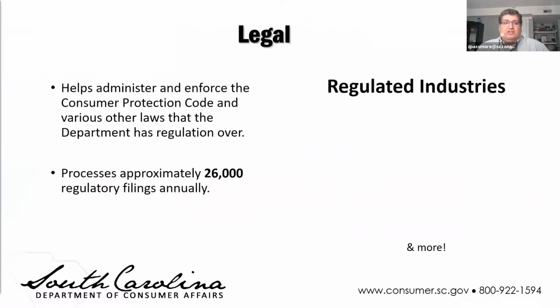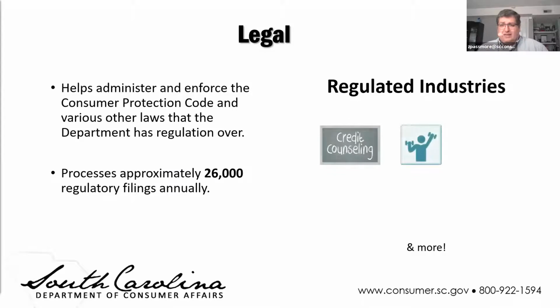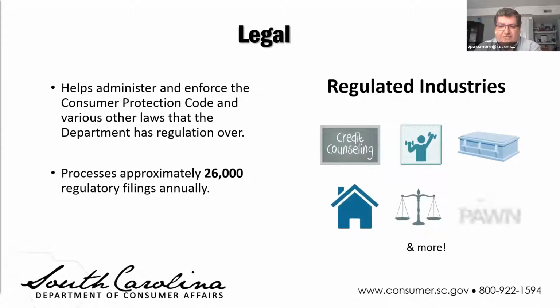So our largest division at DCA is the legal division, and it performs the agency's licensing, administration, and enforcement duties related to the majority of the 120 laws under the agency's jurisdiction. So the General Assembly has charged the DCA with advising the legislature and governor on consumer issues and the state of credit in this state.